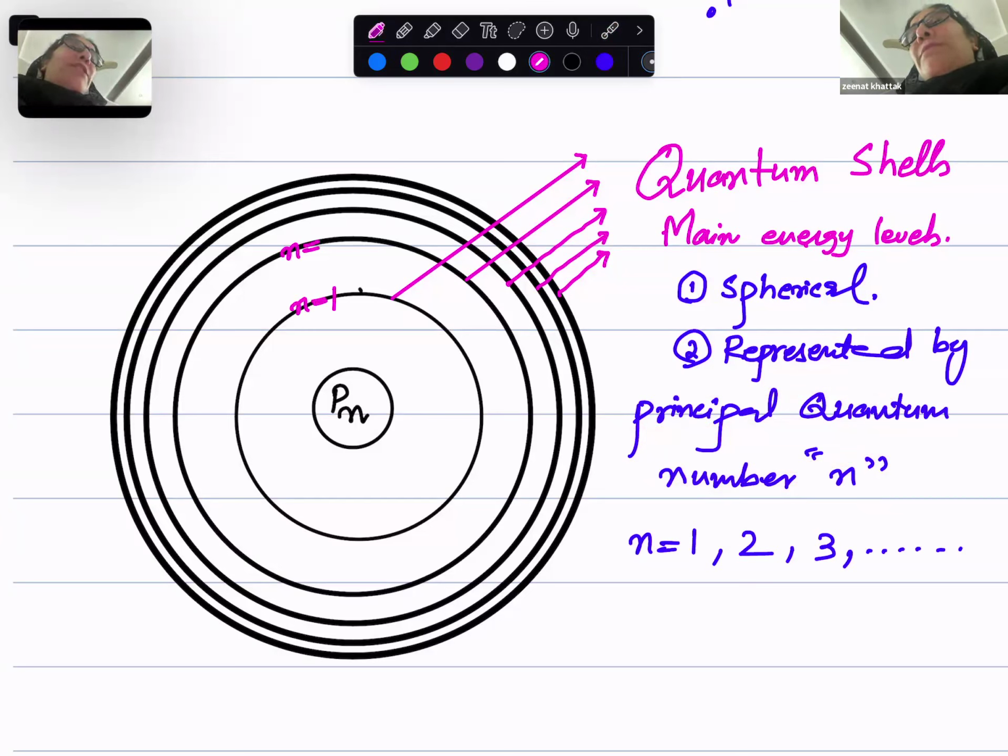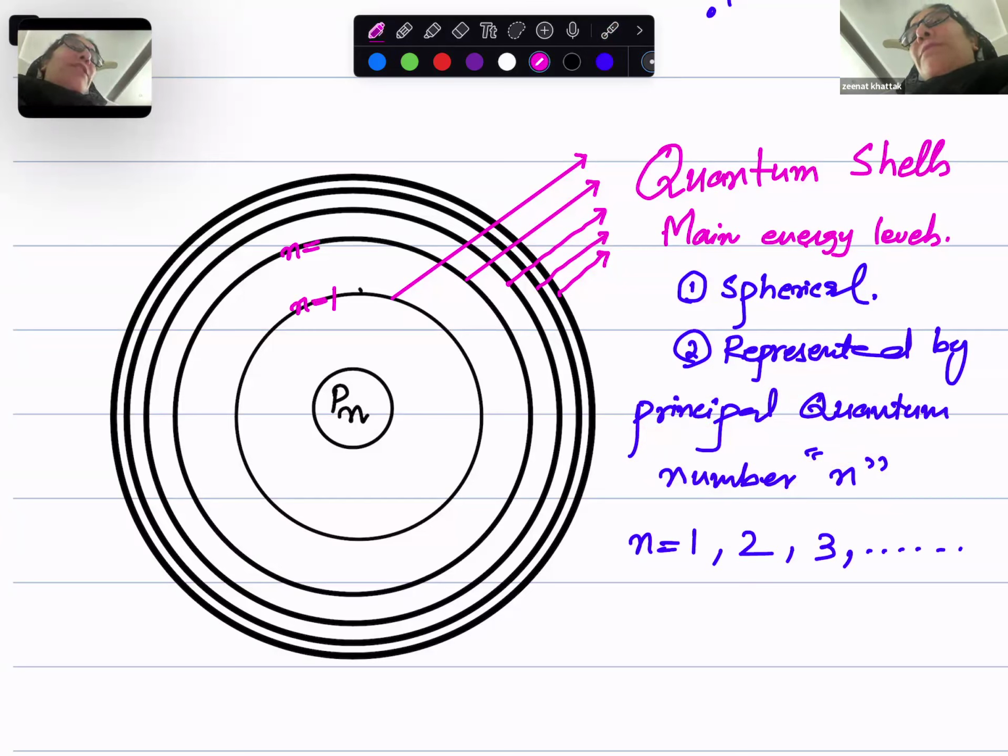Now, when n is large, the electron gets far from the nucleus.